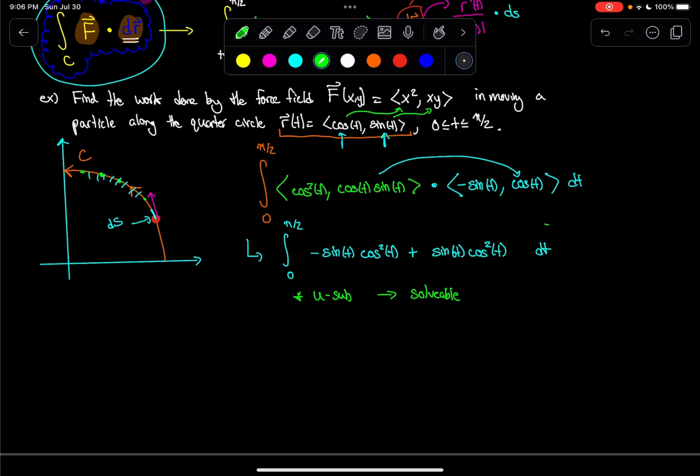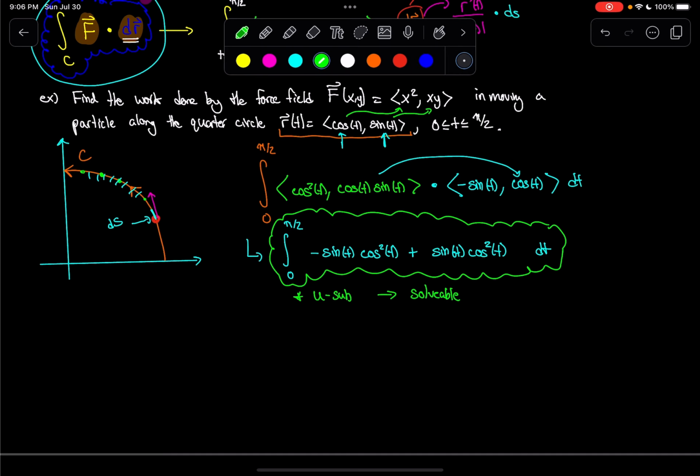So I'm actually just going to leave it set up really nicely like so, to understand and underline the setup portion of this entire thing.